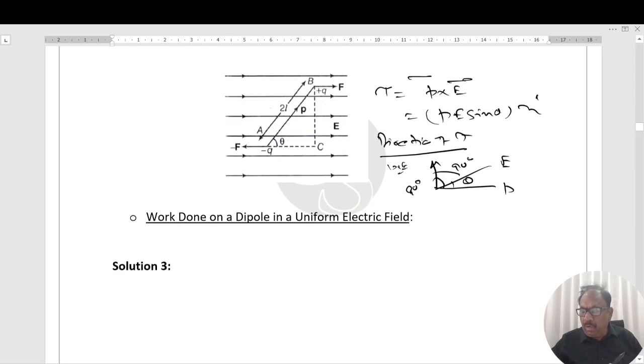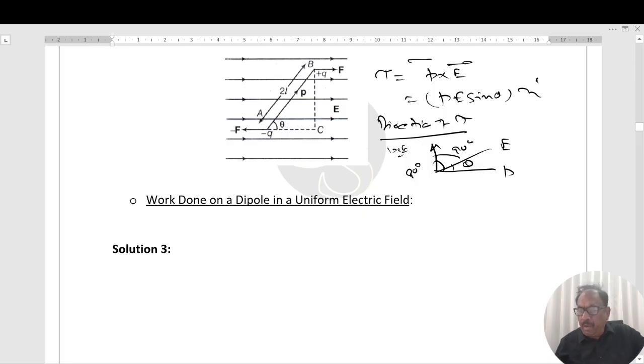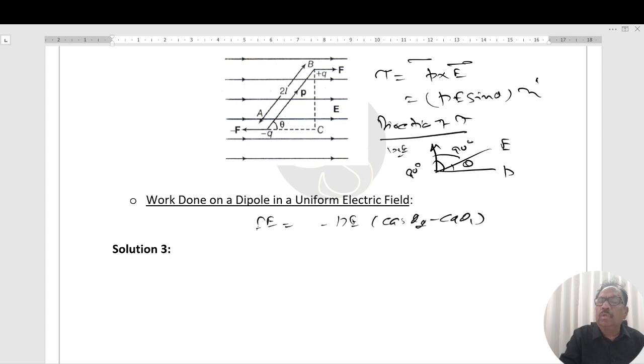And next, work done on the dipole. Work done equals change in potential energy, equal to minus PE times cos theta 2 minus cos theta 1.